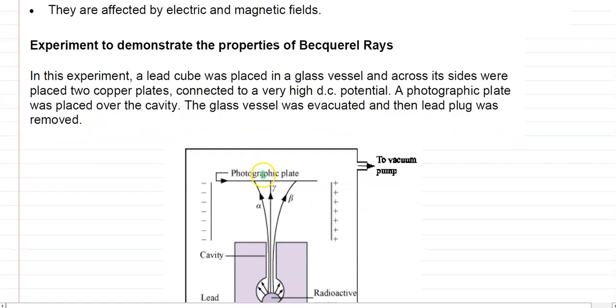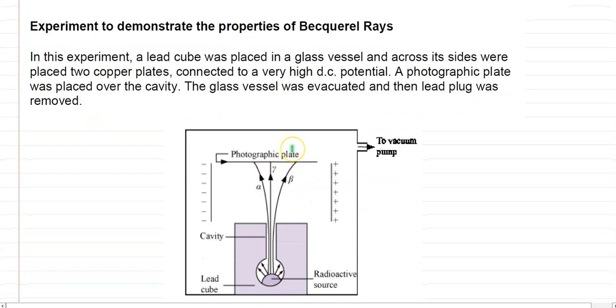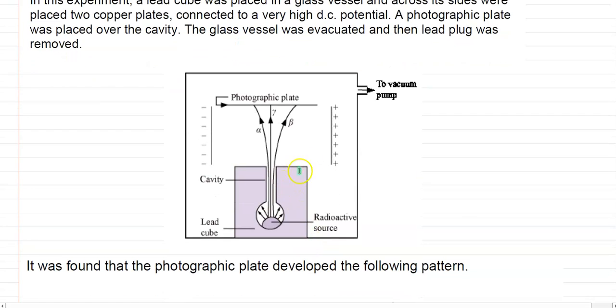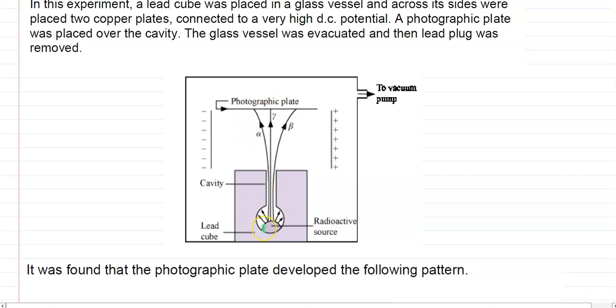So, an experimental demonstration of the properties of Becquerel rays. The experiment was done by Rutherford. The setup is in a vacuum chamber, and a radioactive material, uranium, is placed within a lead cube.